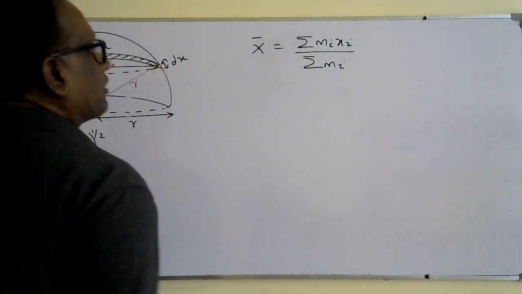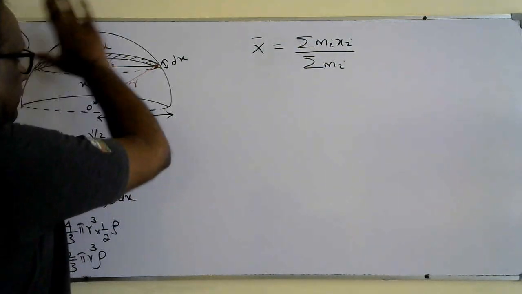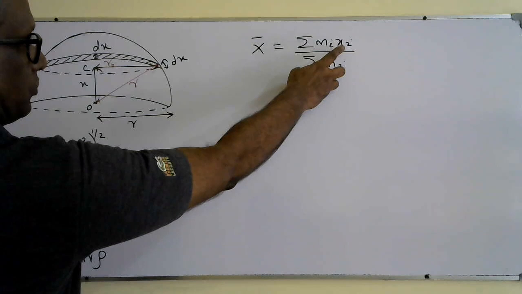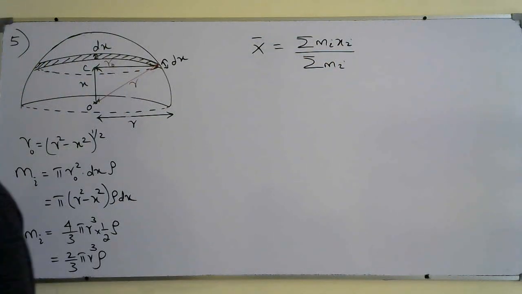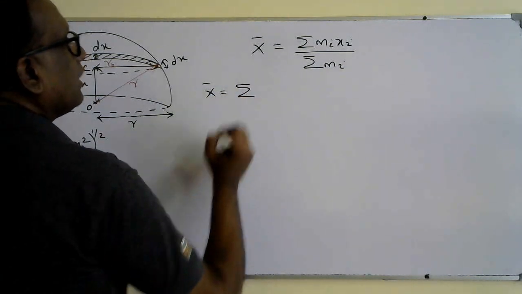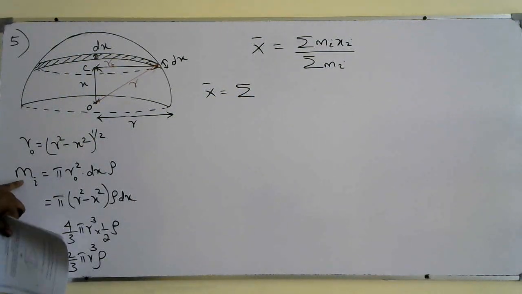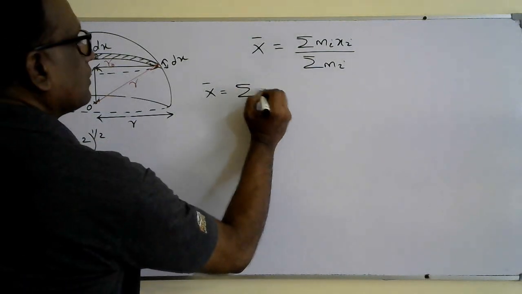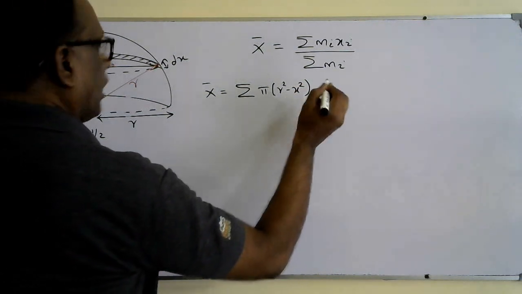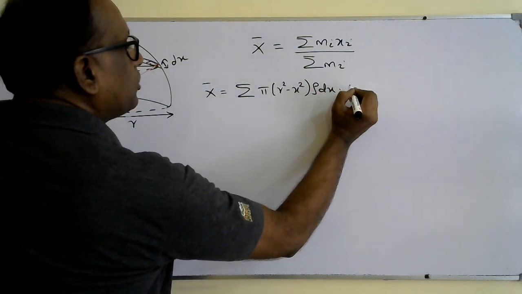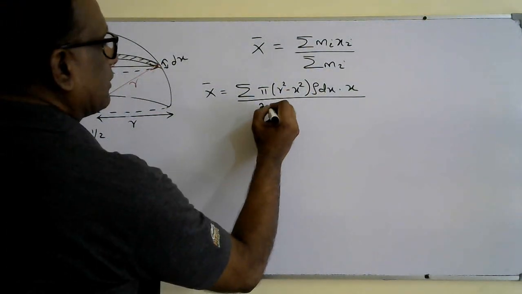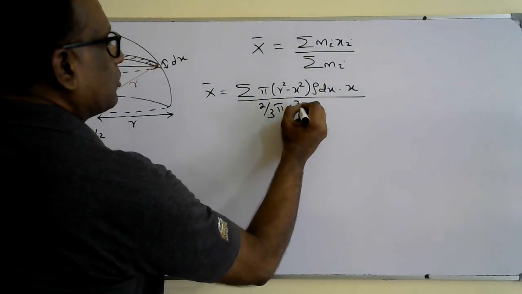X bar, that's the center of mass of the hemisphere, is equal to sigma mi xi, the summation of the m into xi for each and every disk. So x bar is equal to sigma mi xi. So mi, I know, is pi (r squared minus x squared) rho dx, into x, over sigma mi, that is 2 by 3 pi r cube rho.